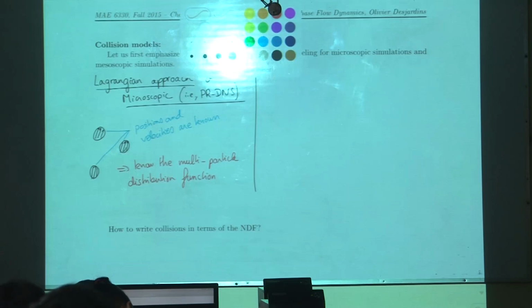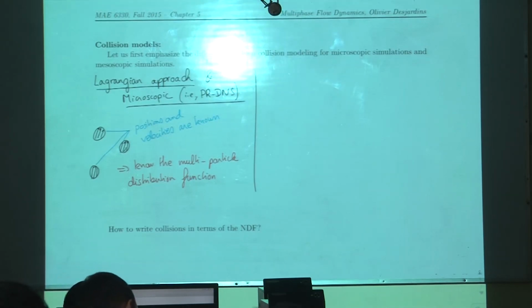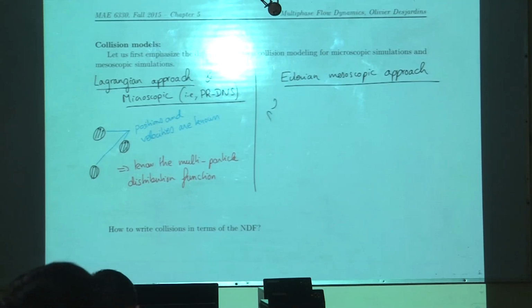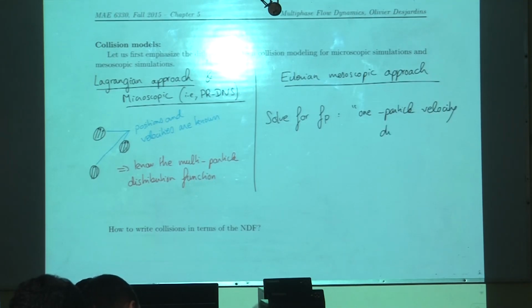In this Eulerian approach that we've discussed, you solve for f sub p, which is the one-particle velocity distribution function or number density function.